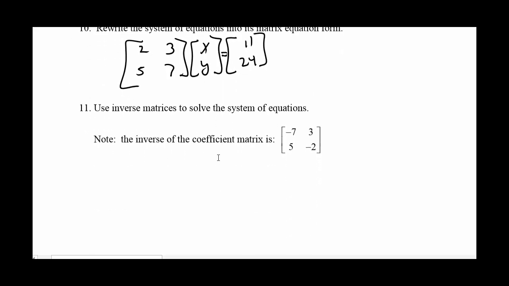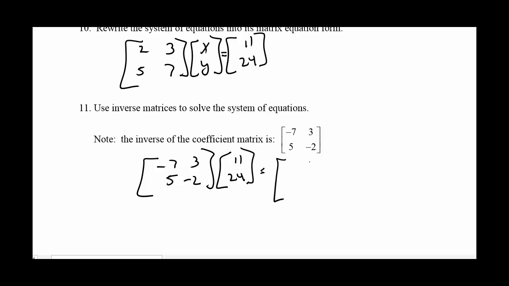All right, so what I'm going to do is take this brick of numbers and multiply it with the 11 and the 24, and that'll give me two other numbers. So negative 7 times 11 plus 3 times 24 will give me something, and 5 times 11 plus negative 2 times 24 will also give me another number.